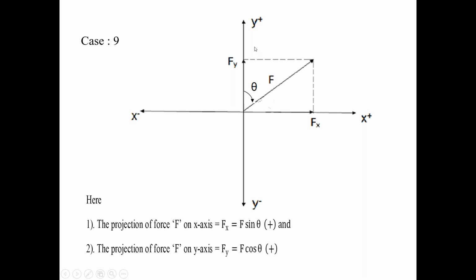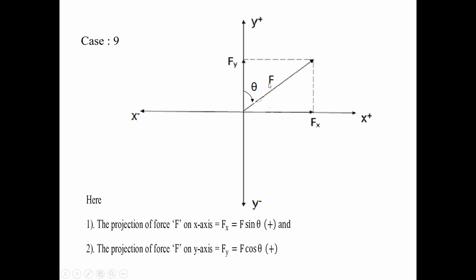If the force F makes the angle theta with the x-axis, Fx is equal to F cos theta. Fy is equal to F sin theta. But in the ninth condition, the force F makes the angle theta with the y-axis. If the force F makes the angle theta with the y-axis, Fx is equal to F sin theta, Fy is equal to F cos theta. These are the projections in this ninth condition.